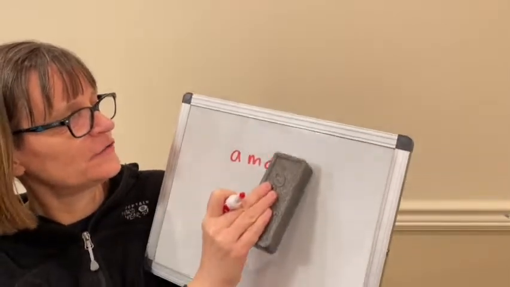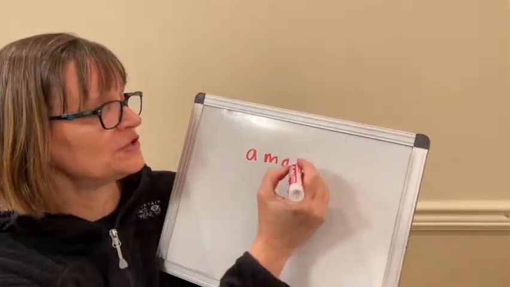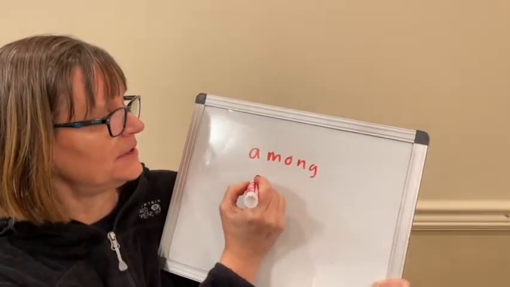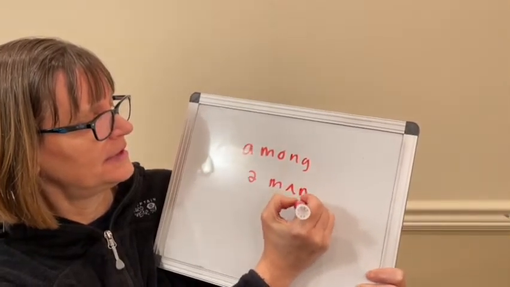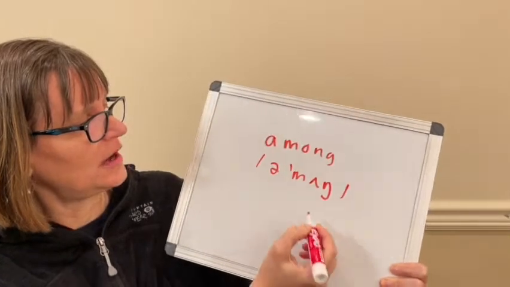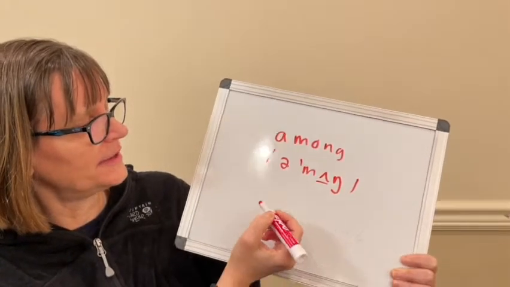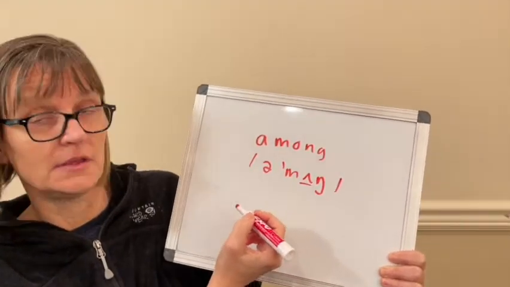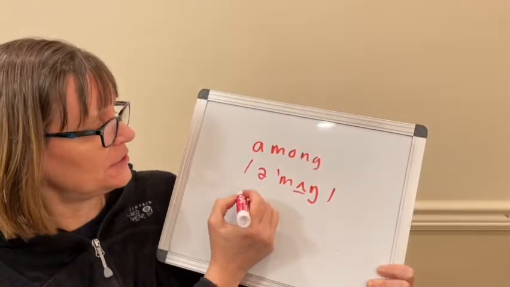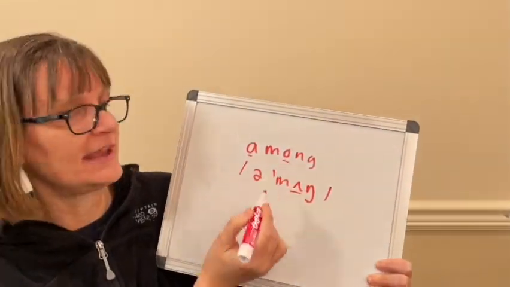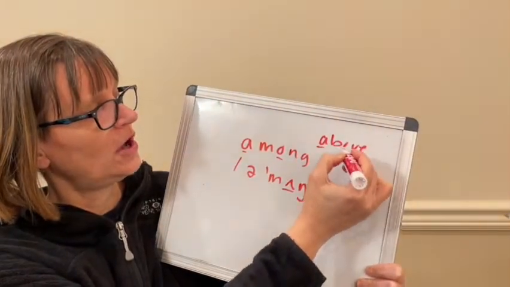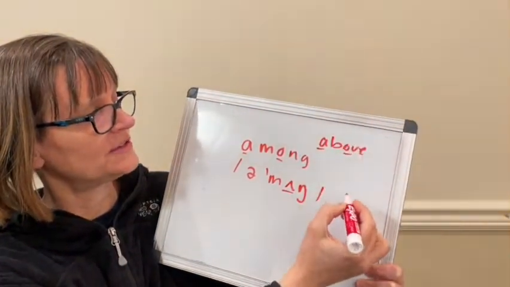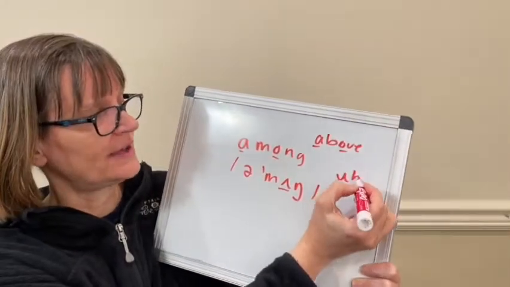Letter A at the start of words, when it's unstressed, is going to have the schwa sound. So uh-mung. And then we have another unstressed schwa for the second vowel. So even though we spell these with an A and an O, all of these O's and A's are just the schwa sound.